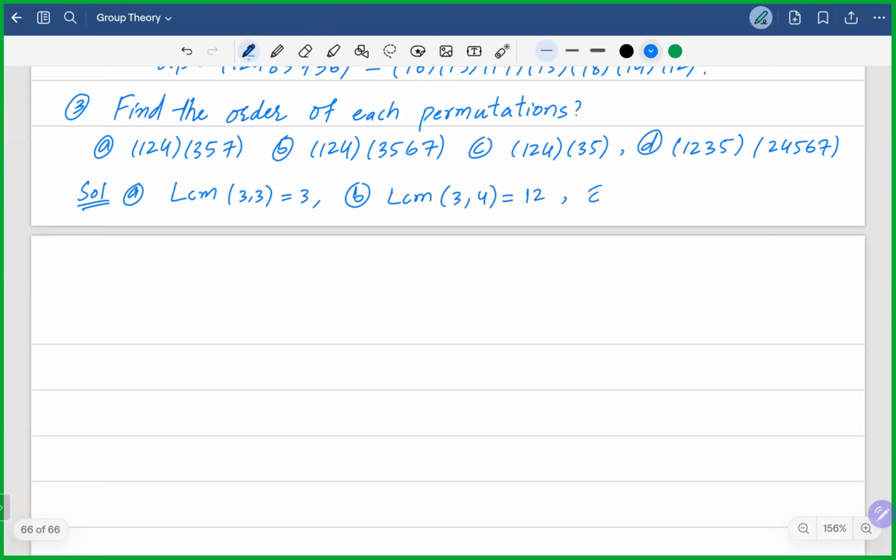C. LCM of 3 and 2, which is going to be 6. And D, which is going to be LCM of 4 and 5, right?